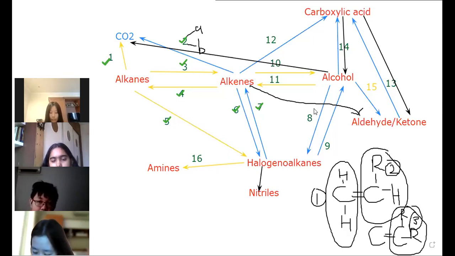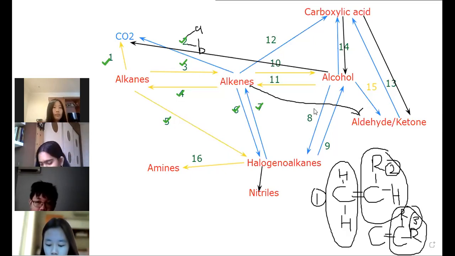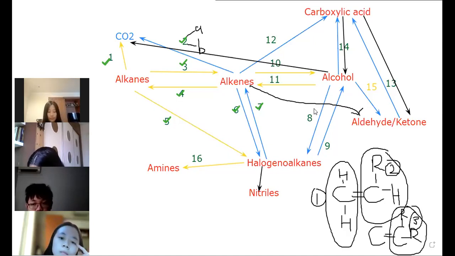Halogenoalkanes become alcohol, alcohol become halogenoalkanes. What are the 3 possible reagents that can be used? It is just last week.